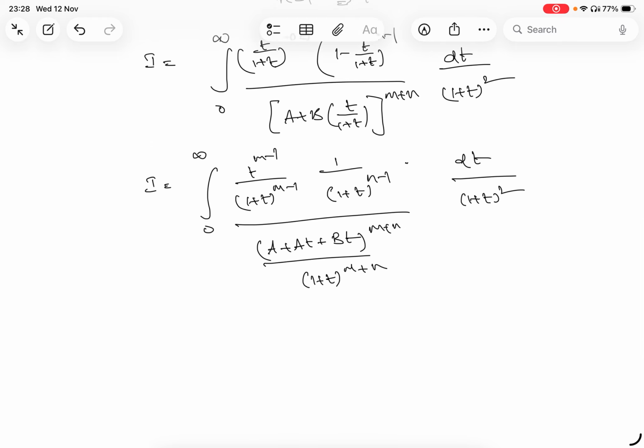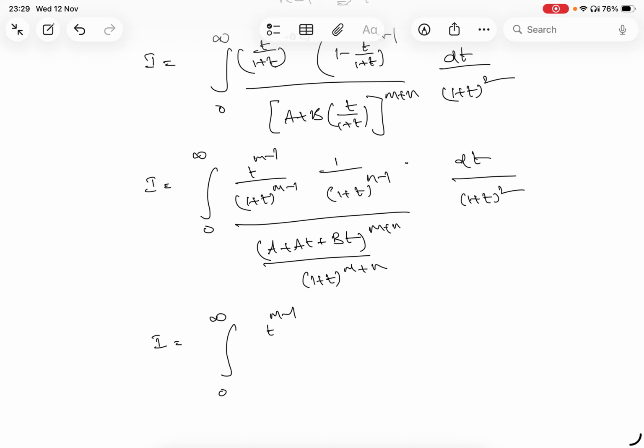So let's simplify it further. Then I equals integral 0 to infinity, t power m minus 1, as you can see there are many terms about 1 plus t.